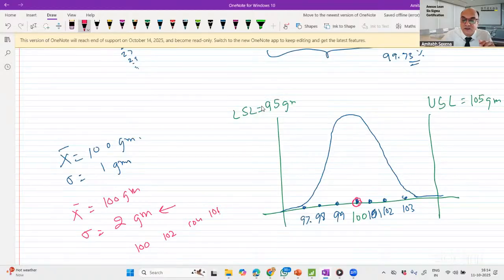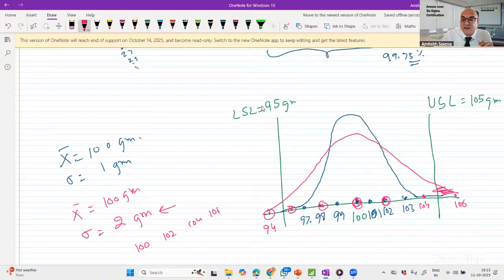Similarly on the other side, 98, 96, and 94. This is how you will be producing the chocolates.